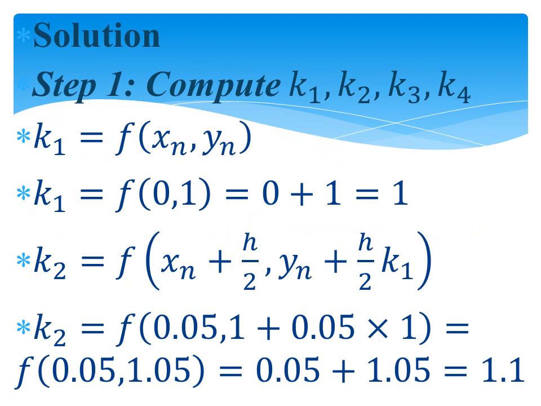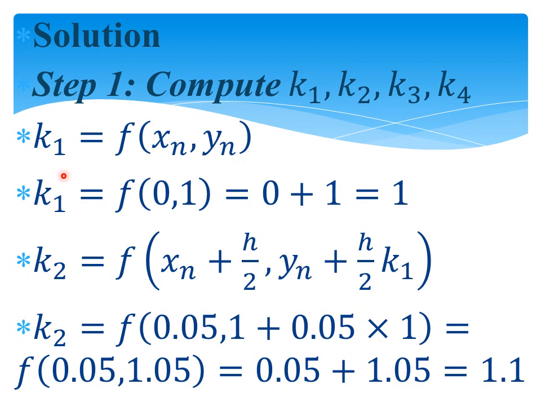Now you can see here, first step, compute k1, k2, k3, k4, which you know how we can find. Now the formula of k1 is given: k1 = f(xn, yn).